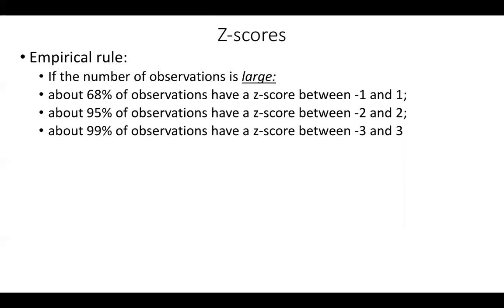And then finally, about 99% of all observed values will have a Z-score that falls between plus and minus 3.